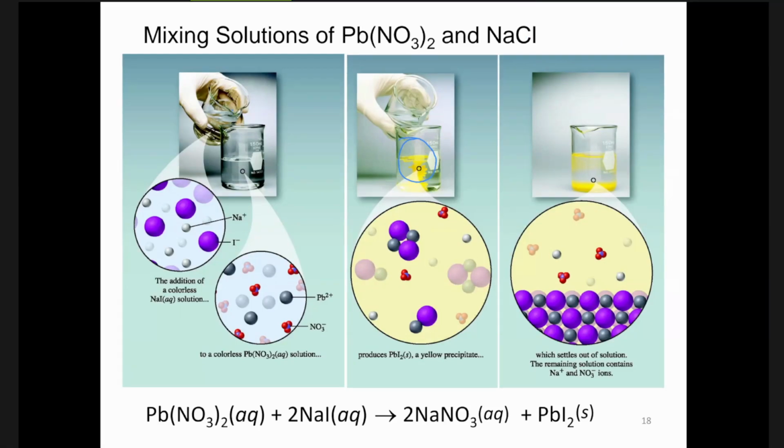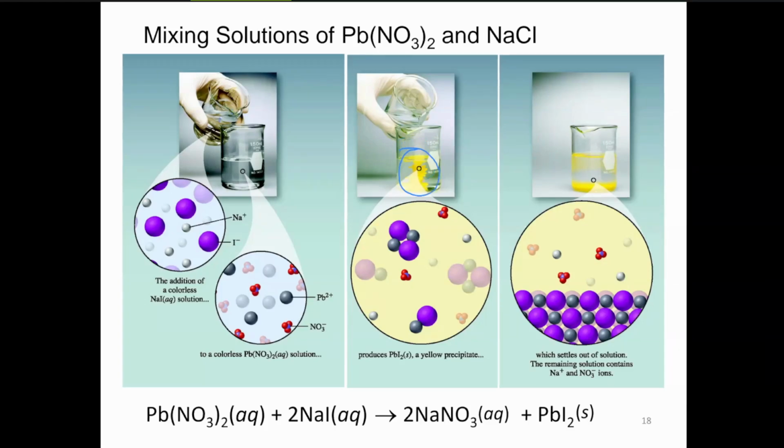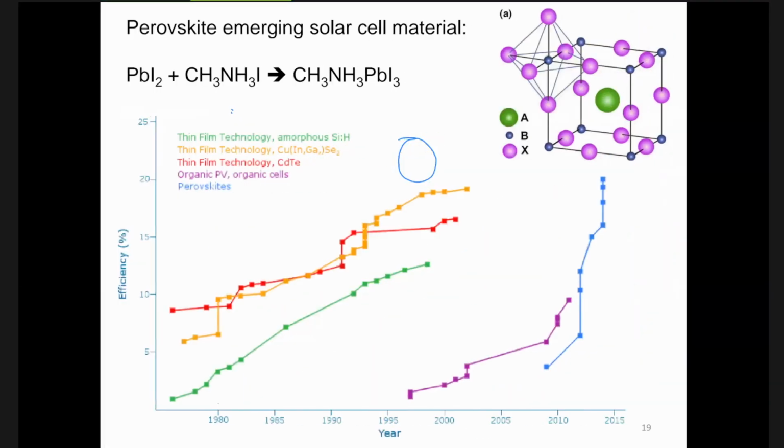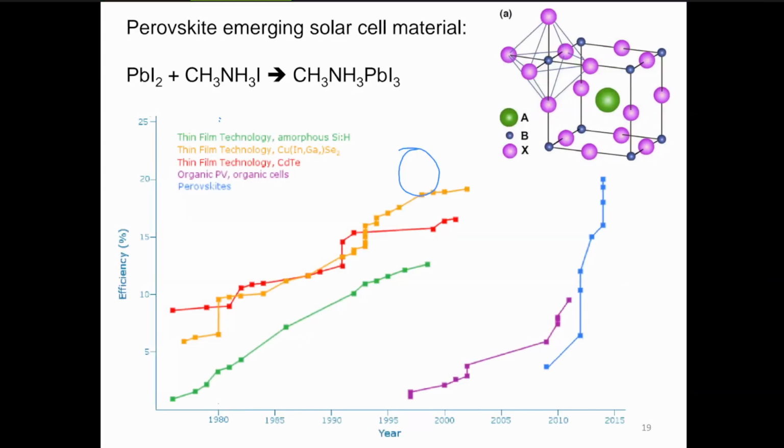However, if you take this compound, this one, and then you mix it with methylammonium iodide, then you have this compound, which is a new family we call perovskite.